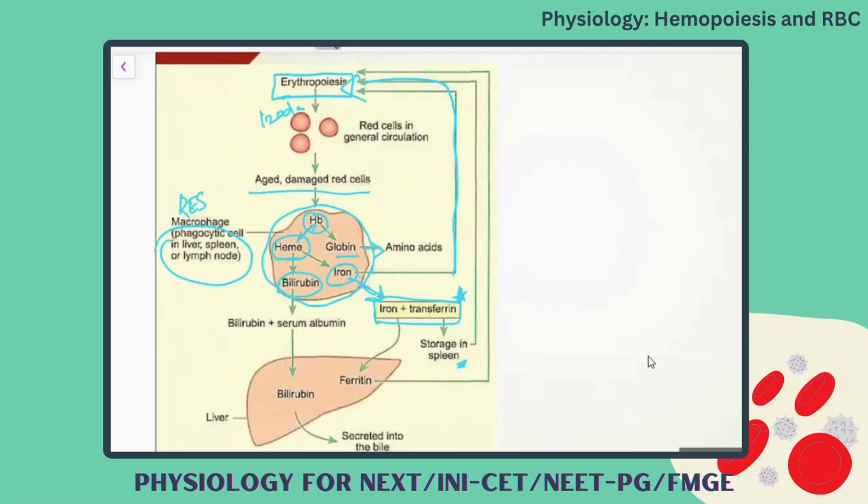Okay, and this bilirubin will enter into the liver and bind with albumin. The iron also enters into the liver as ferritin, which is utilized back for the erythropoiesis mechanism. And whatever bilirubin has entered the liver will be one of the contents in the bile, which is giving yellowish color to the bile.